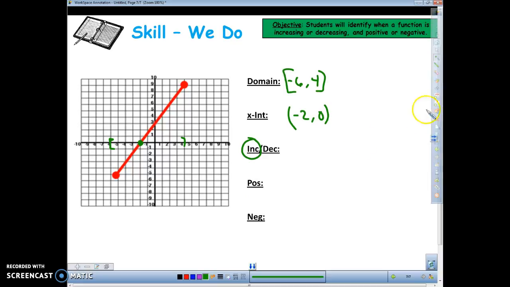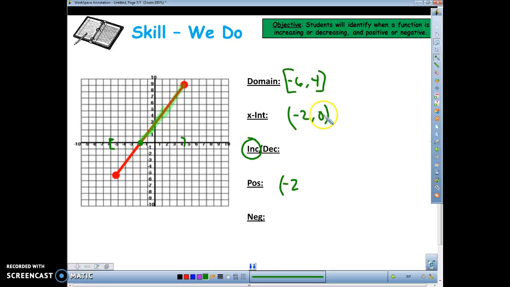So I first want to focus on positive. And I'm going to use highlighter. If you have a highlighter, feel free to highlight. So it's positive all the way here. Now it starts being positive at -2. So at my intercept, -2, I'm not going to include it because it's neutral, right?